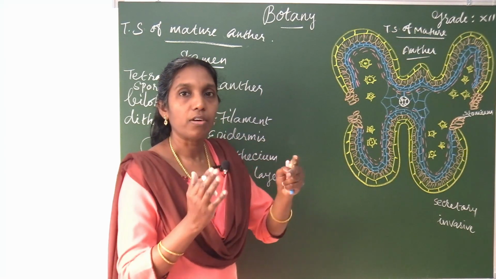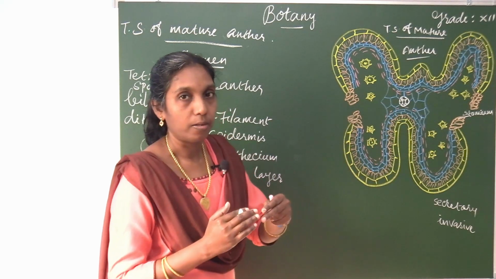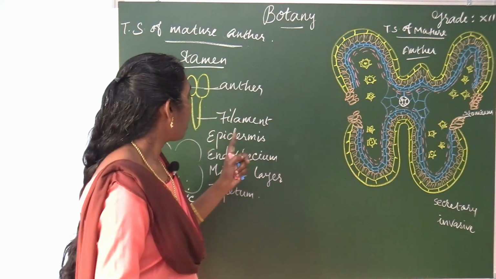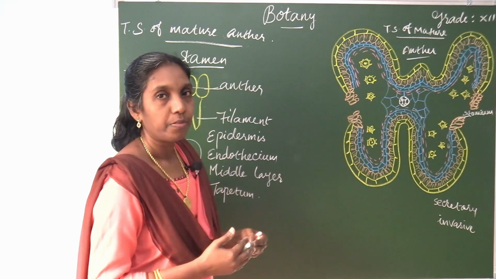So, the second layer of the anther. This is the structure of the anther wall: first layer is epidermis, second layer is endothecium.